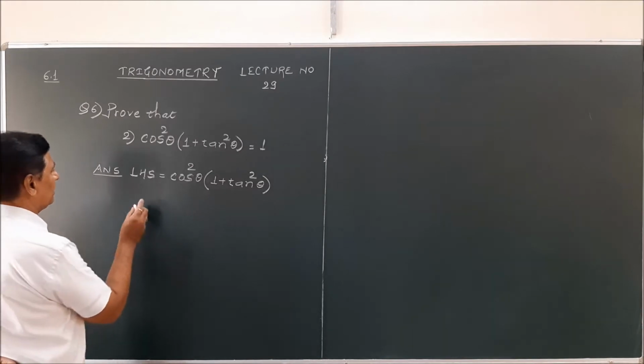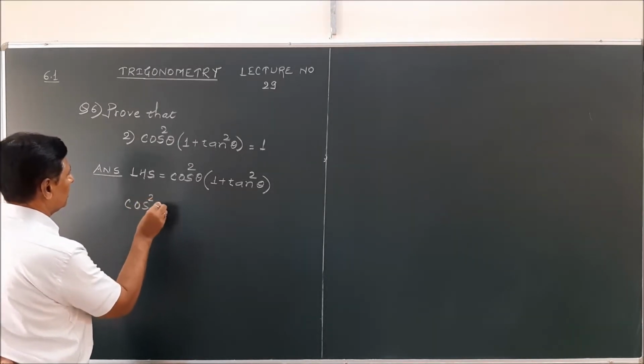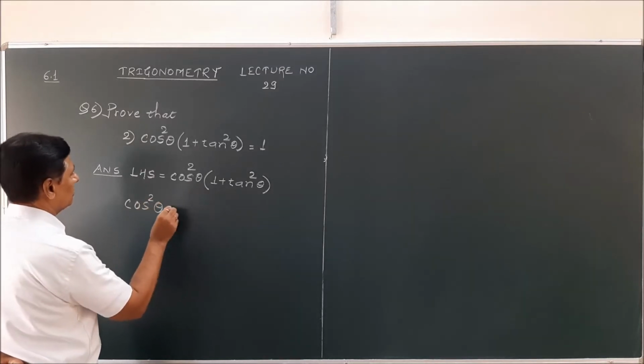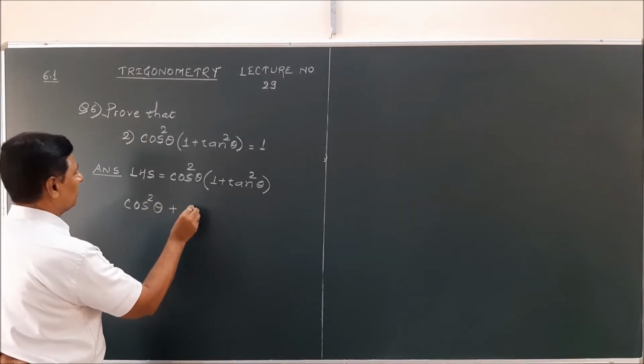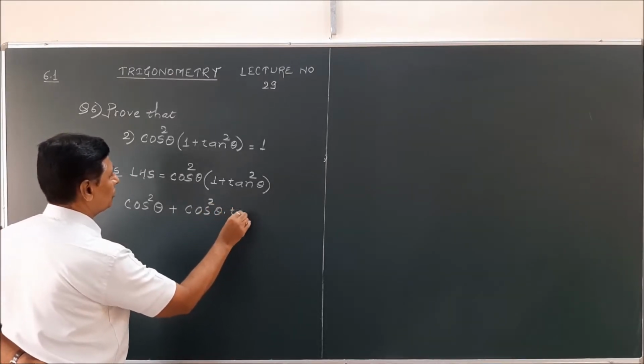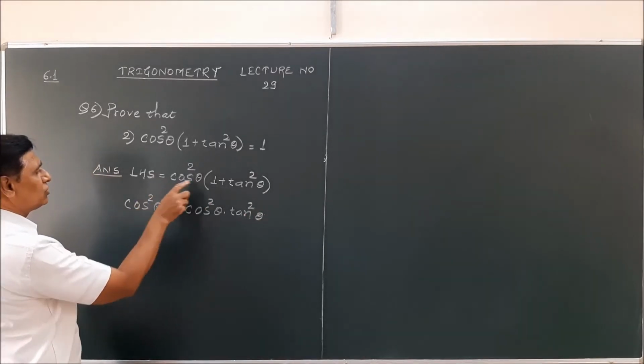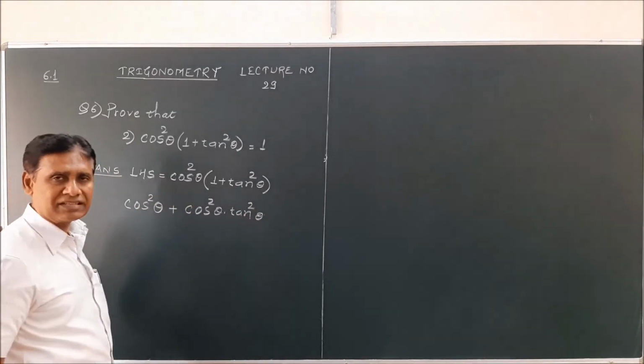So cos square theta, I'll open the bracket. Cos square theta into 1 plus cos square theta into tan square theta. Cos square theta into 1, cos square theta into tan square theta.